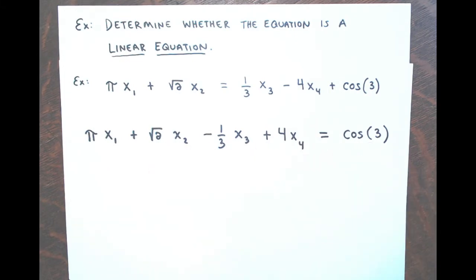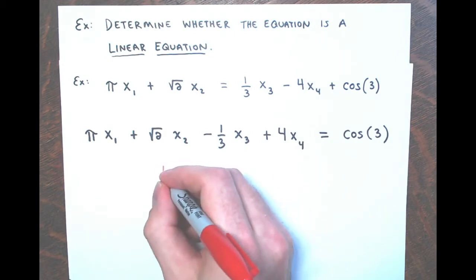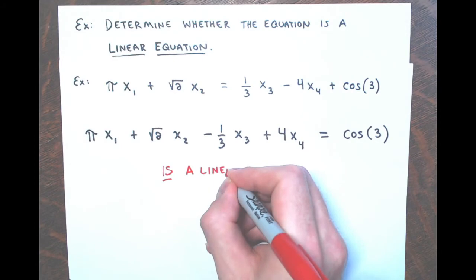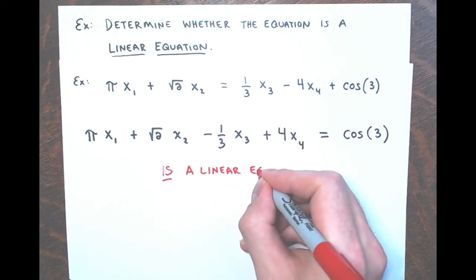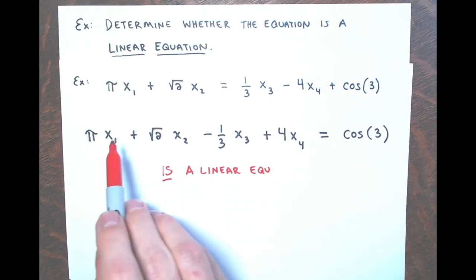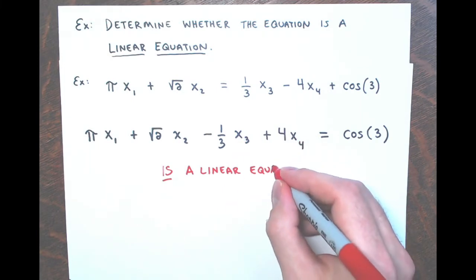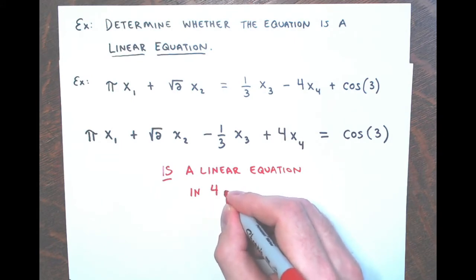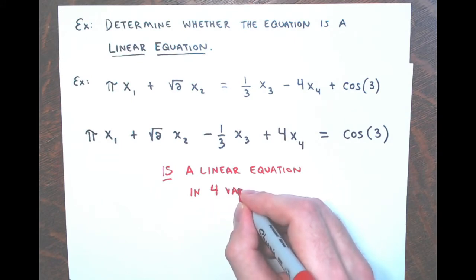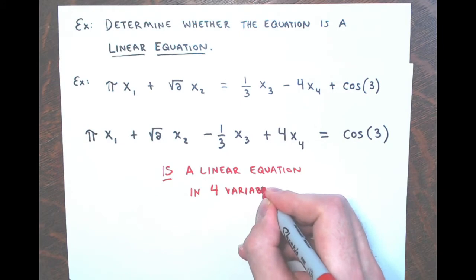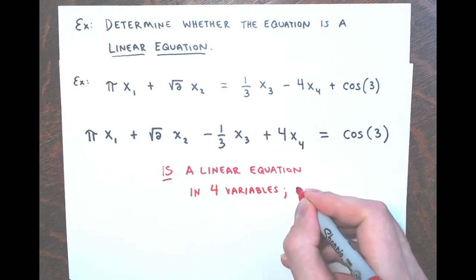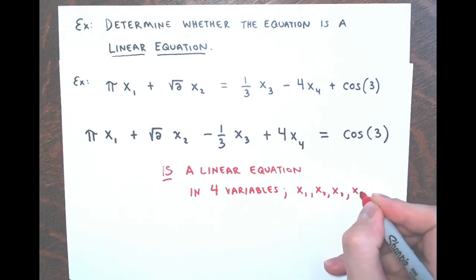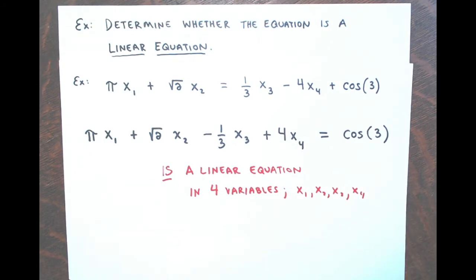This is a linear equation, and it's a linear equation in 4 variables: x1, x2, x3, and x4. All right, great.